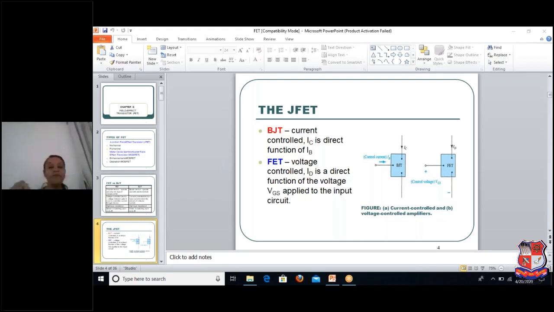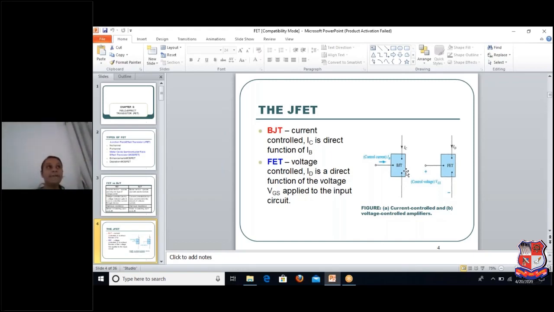That means whenever you change the current IB, the collector current, which is the output current, will change. Now we will talk about the FET.